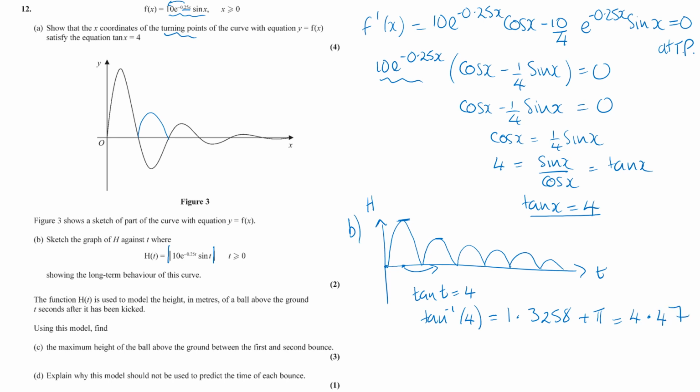So the first max will be there, 1.33. The next one will be pi later, so 4.47.